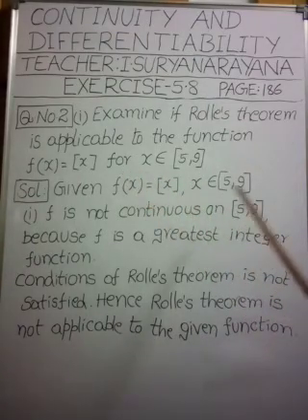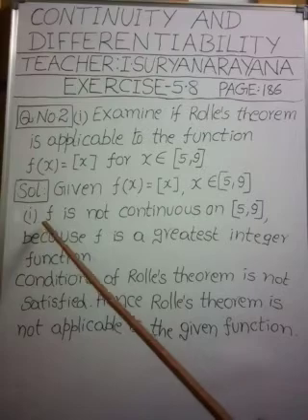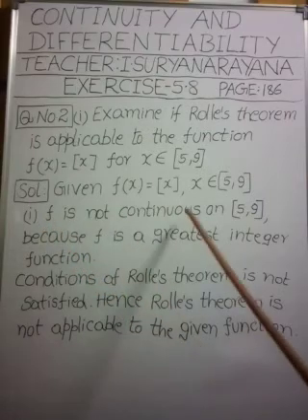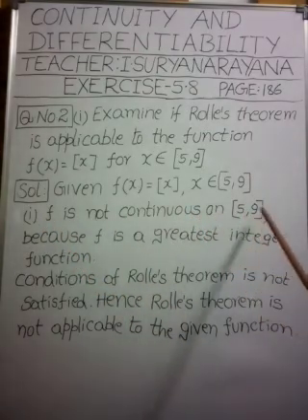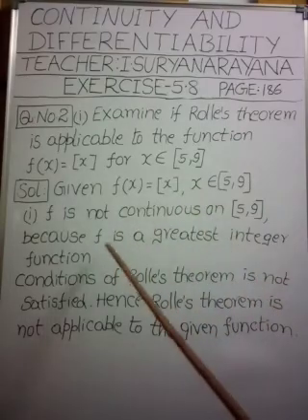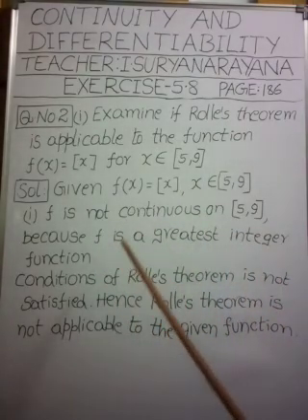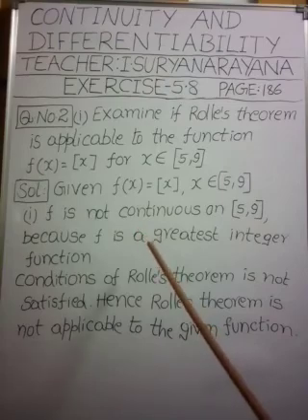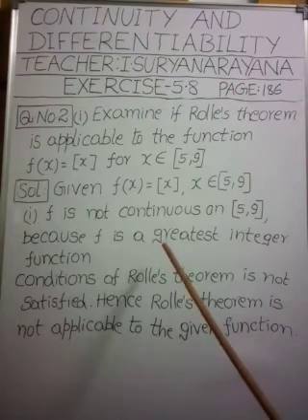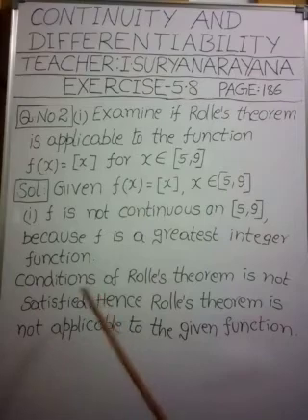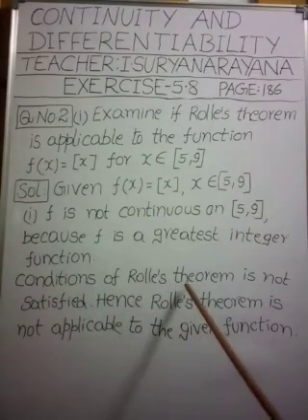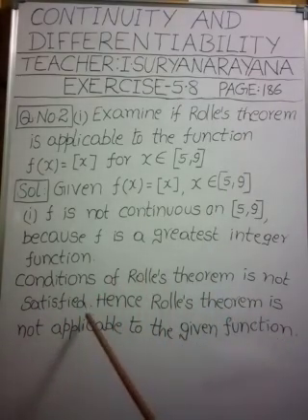So see the first condition: f is not continuous on the closed interval [5, 9] because f is a greatest integer function. So the first condition itself is not satisfied by the given function.